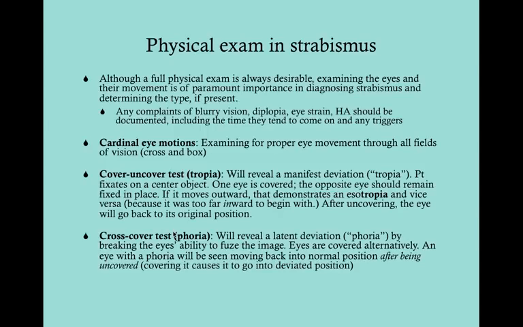If the eye is moving back into its deviated position after being uncovered, which is outward, then that's going to reveal an exophoria. And if it's moving inward, then that's going to reveal an esophoria.